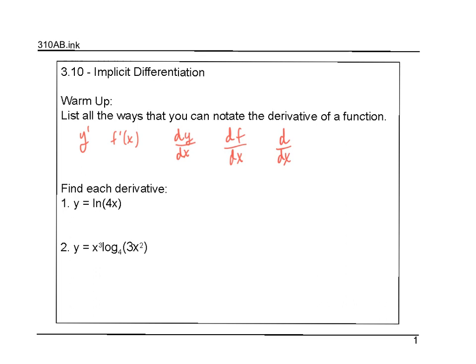Y prime is the same as dy over dx, f prime is the same as df over dx, and if you just have a d dx, that means we're deriving an expression with respect to x. The denominator is, of course, the important part, it's the variable that we are deriving with respect to. And that's what we're going to start to see change in this implicit differentiation section.